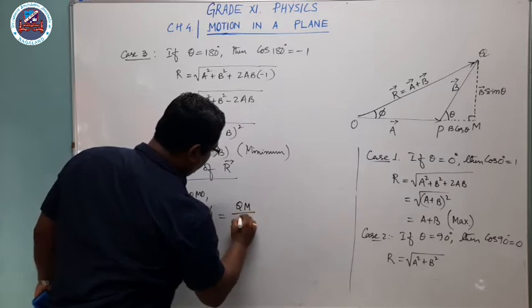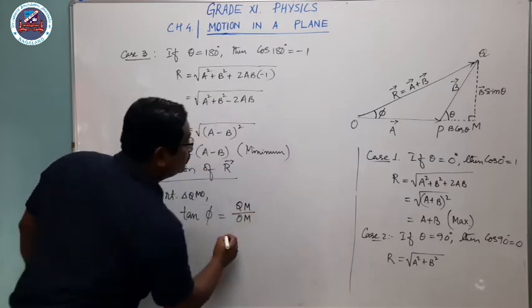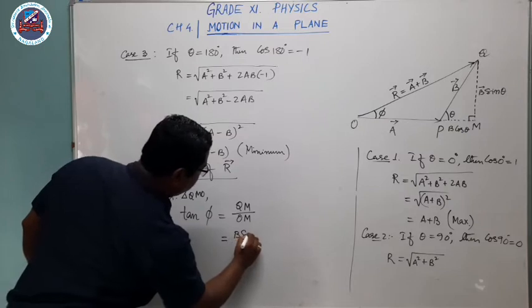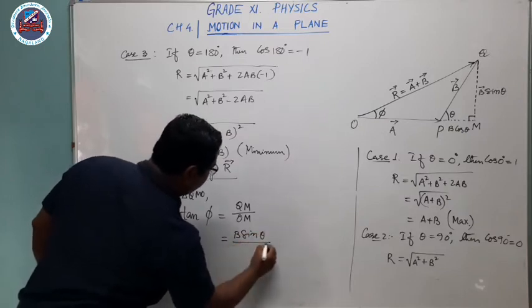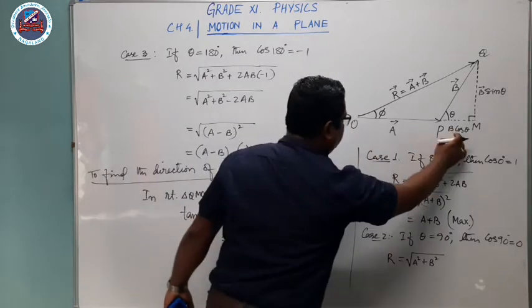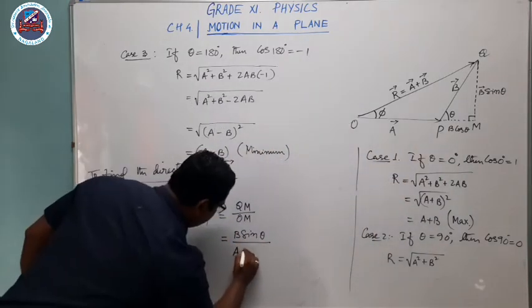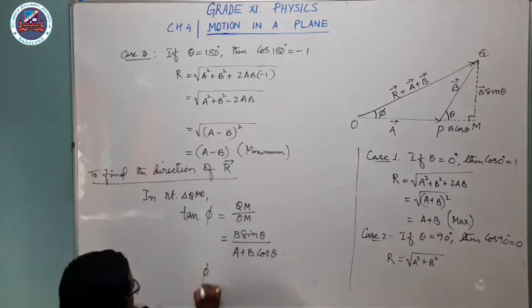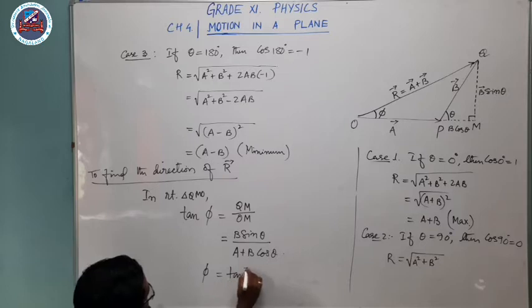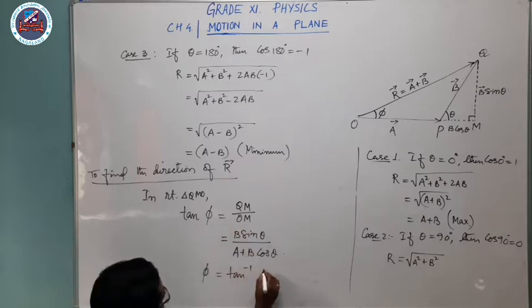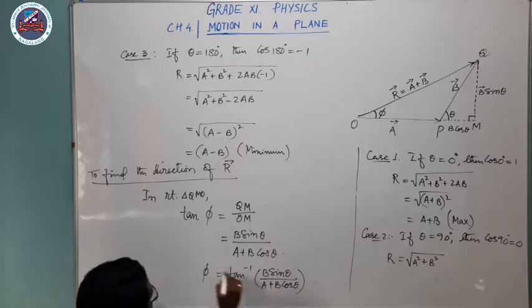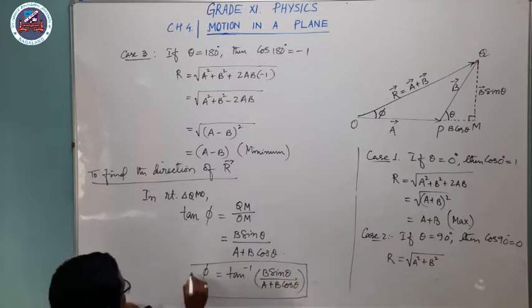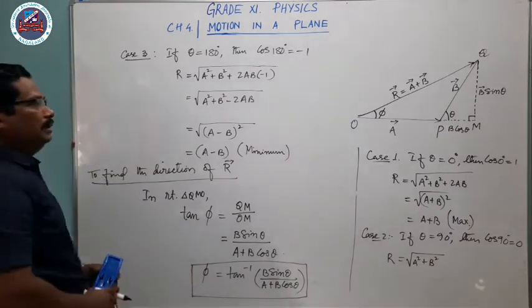QM is B sine theta divided by OM, which is A plus B cos theta. So this will give you the direction, or in other words phi is equal to tan inverse of B sine theta divided by A plus B cos theta. This will give you the direction of the resultant vector R.